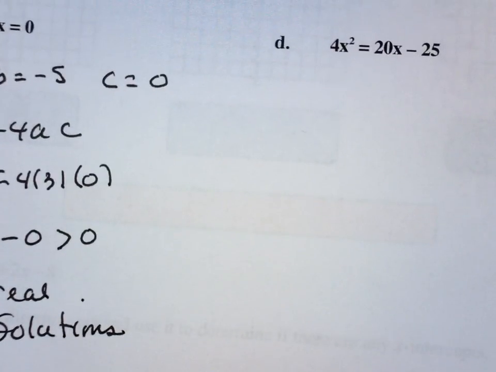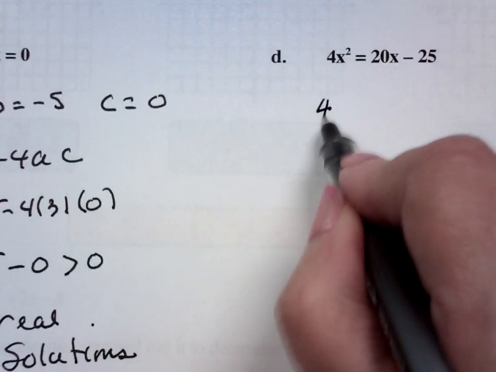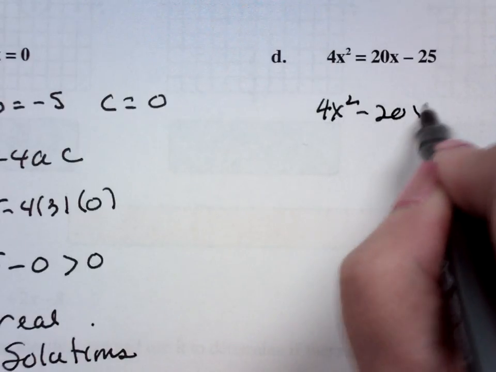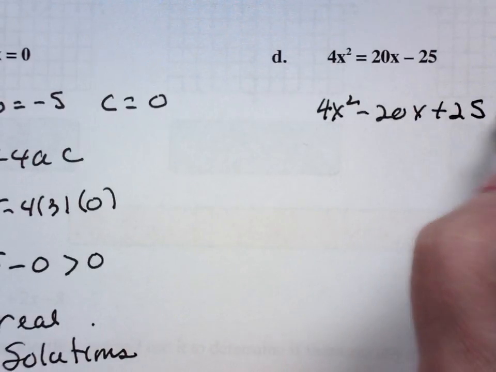Now this one's not in the proper format, so 4x squared minus 20x plus 25 equals 0.